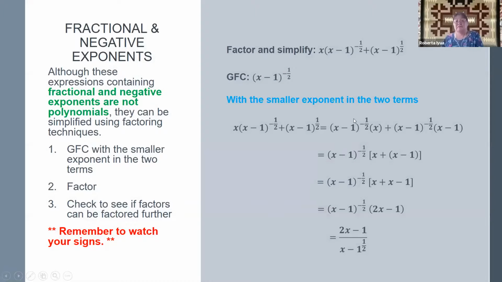So that is what I pulled out of the 2 terms, which left me with x plus (x minus 1). So here, when I pull the greatest common factor of (x minus 1) to the negative 1/2 out of the 1/2, that left me with just x minus 1 by itself.